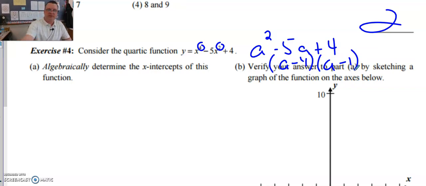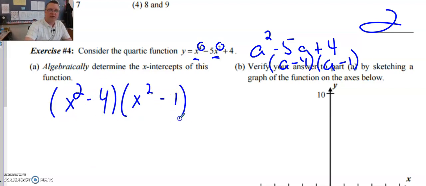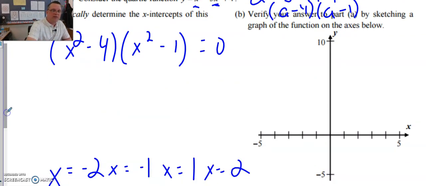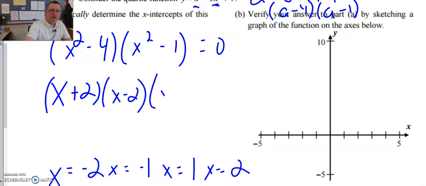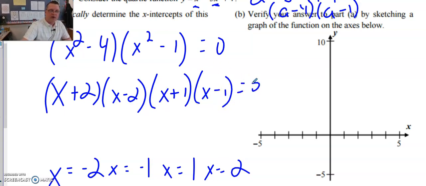So since it's this process here, we're going to have x squared minus 4, x squared minus 1 equals 0, because we want to find the x-intercepts. And then difference of two squares: x plus 2, x minus 2, x plus 1, x minus 1. They all equal 0. And that's how you get all those values.